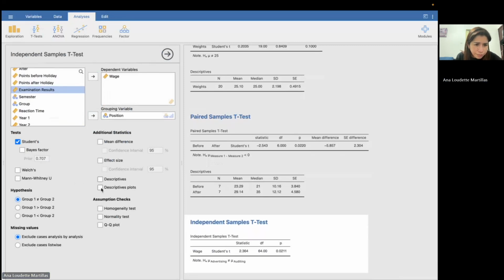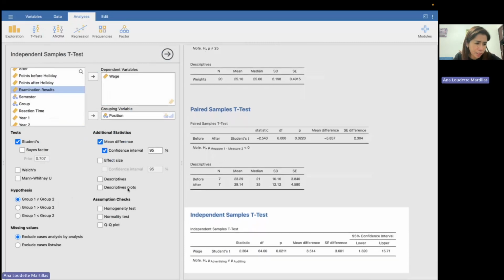So here, under test, let's click Student's. Then the alternative hypothesis is group 1 not equal to group 2. And then our confidence level should be 95%. Let's click descriptives.